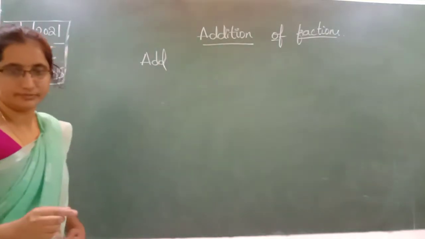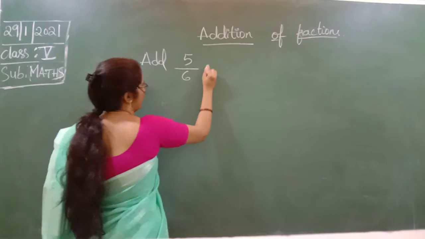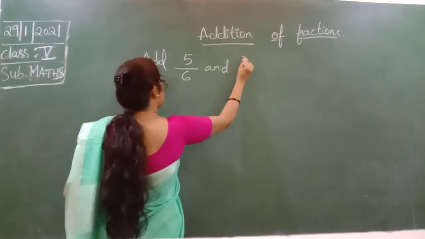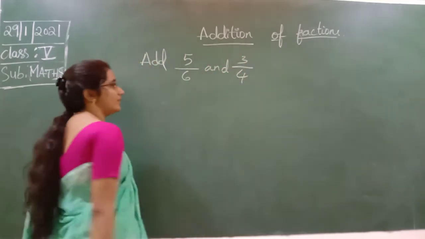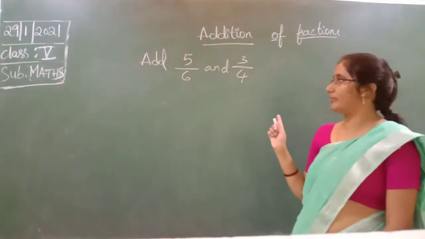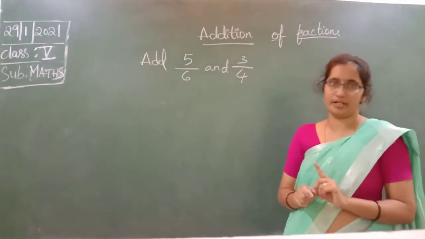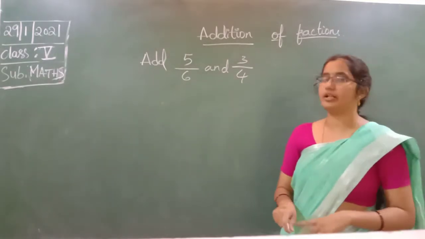Add 5 by 6 and 3 by 4. When there are unlike fractions, we have to convert the denominators into one same denominator.